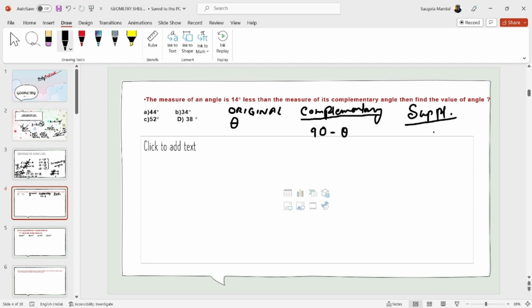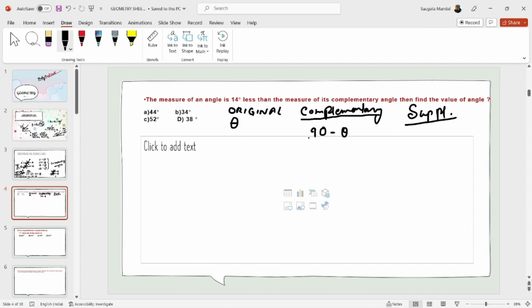You know that for theta 1 and theta 2, if the sum of theta 1 and theta 2 is equal to 180 degrees, then they are called supplementary angles. And if one angle is theta, then what is the supplementary angle of this angle? It must be 180 degrees minus theta.